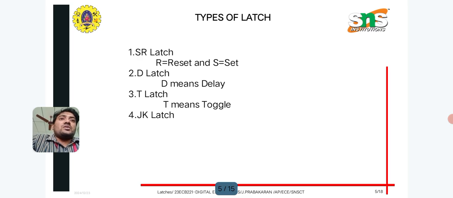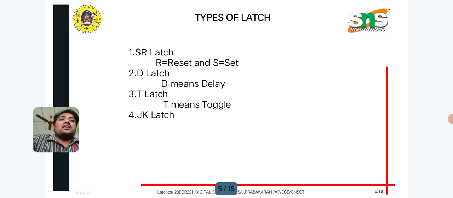And the different types of latches are the SR latch, D latch, T latch, and JK latch. You know what is S and what is R; last class itself we have discussed. S means set, R means reset.